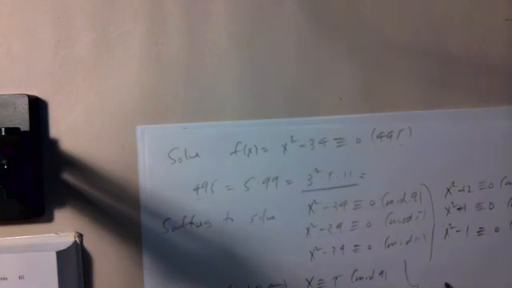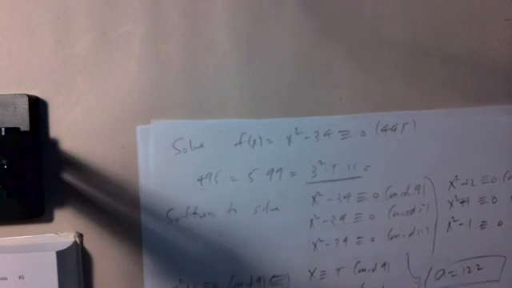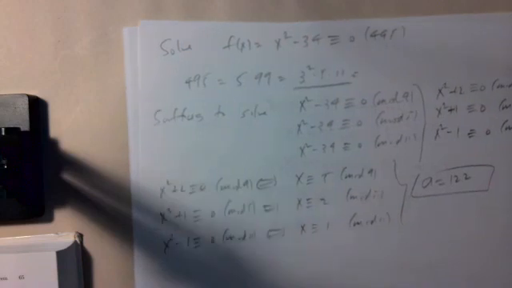And one solution is a equal to 122. I just worked that out. It takes a while, but you take a piece of paper and give yourself some time. You can work it out.